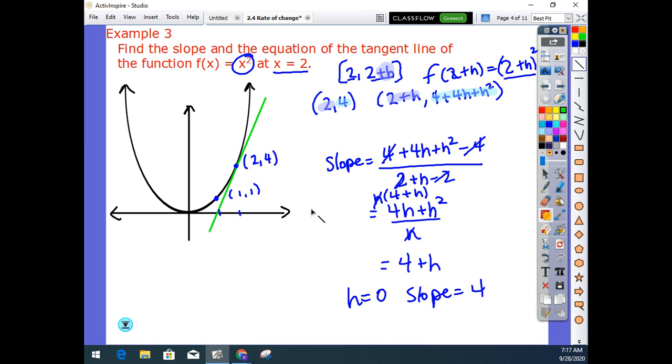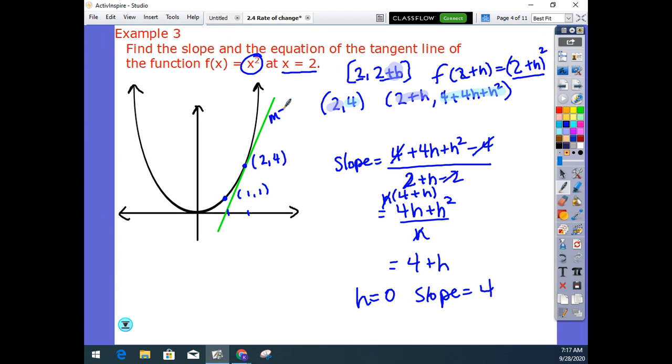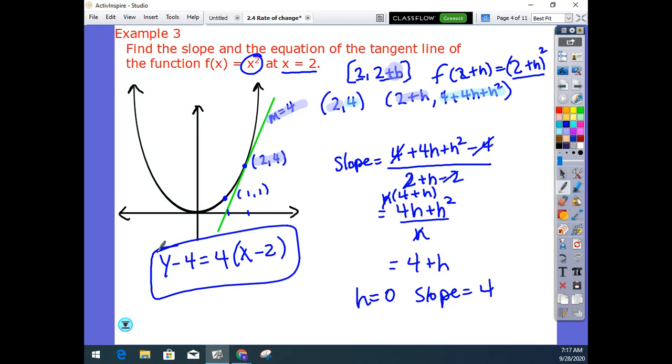The slope of this line is 4. Now we have a point and a slope. So I can write my tangent line: y minus the y coordinate equals the slope times x minus the x coordinate. Done. That's all you want. The equation of the tangent line is the line you're going to be writing all year long.